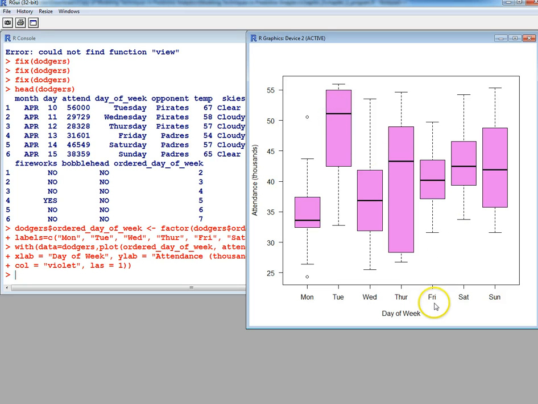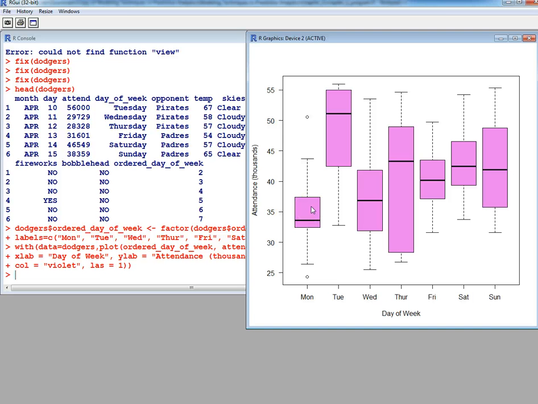On Fridays, the variation was less than it was on Tuesday. So apparently on Tuesday, there's a lot of variation in how many people come to the game. So it's less easy to predict what's going to happen on Tuesday, right? Whereas on Monday, there's less variation. Okay, do you understand what these are?